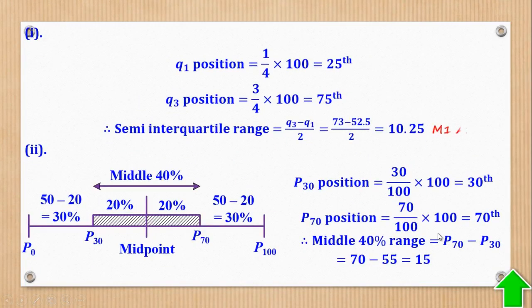Then when you come here, 1 mark for substitution and 1 mark for the correct output. Then 1 mark for subtraction and 1 mark for the output. So that is how you could get the 12 marks in this question 11.